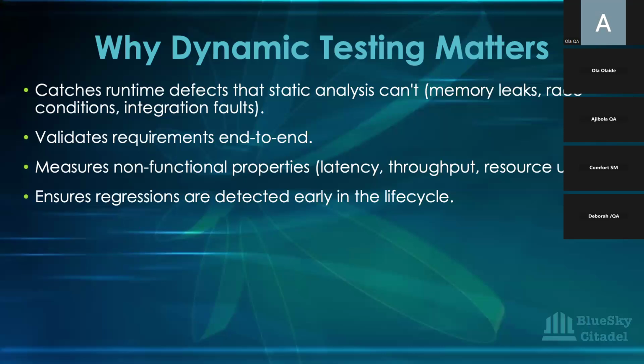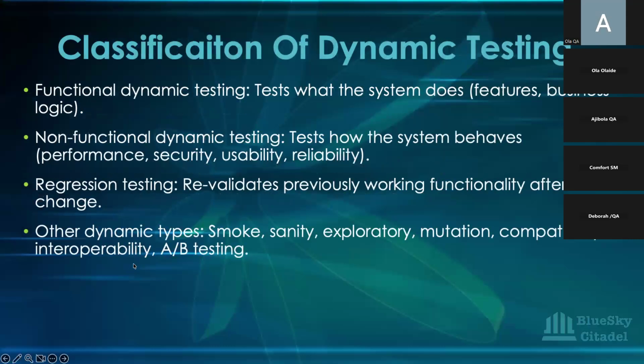Another one again is to ensure regressions are detected early in the life cycle. So we'll talk a little bit about regression testing going forward. Nice. So, classification of dynamic testing. Generally speaking, dynamic testing is divided into two, which is the functional and the non-functional part.